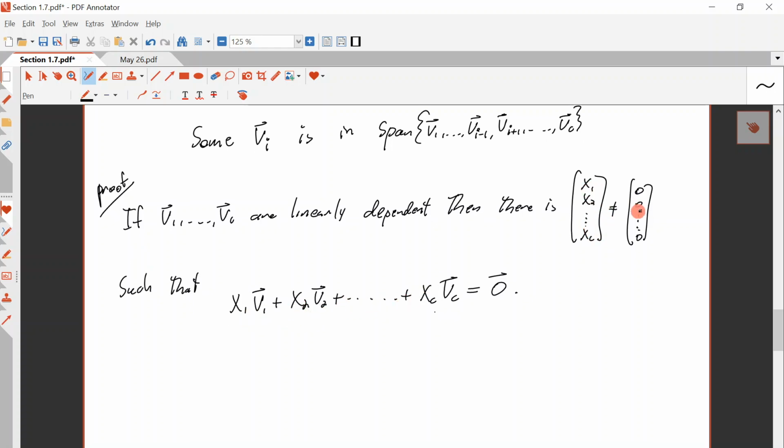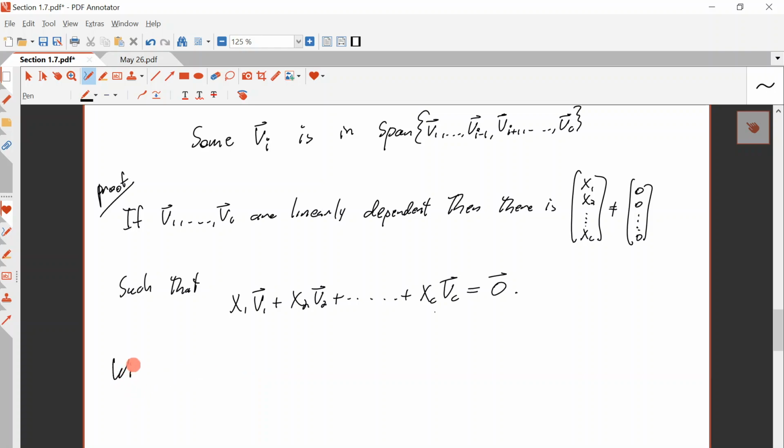So this vector is not equal to 0, 0, 0, 0, right? The vector is not zero, but it doesn't mean that no part of it is zero. Part of it could very well be zero, just there is some part of that vector, x1 to xc, that isn't.